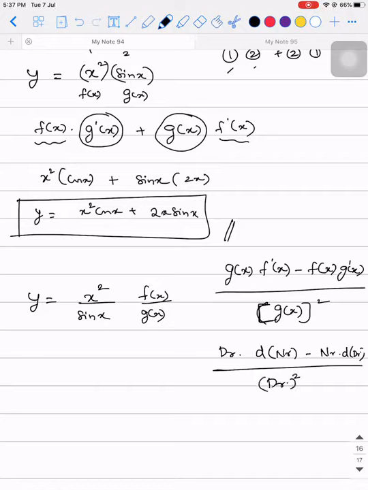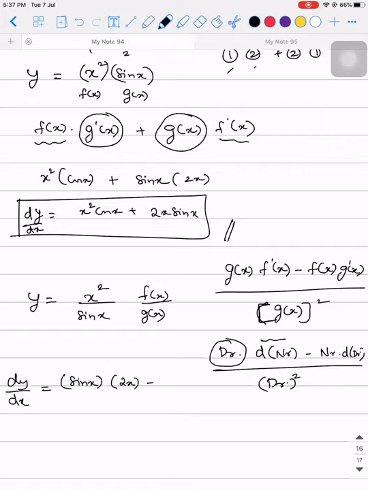Are you guys able to understand? So apply the same formula and tell me. So what will be the answer for this, dy by dx? You should just write the denominator as it is. So it will be sin x into derivative of numerator, which is 2x.